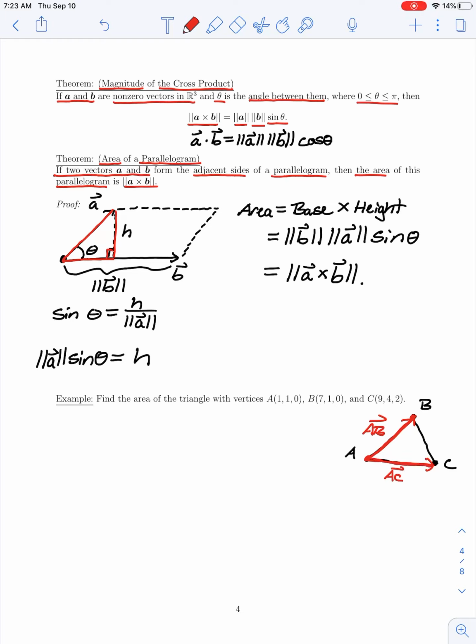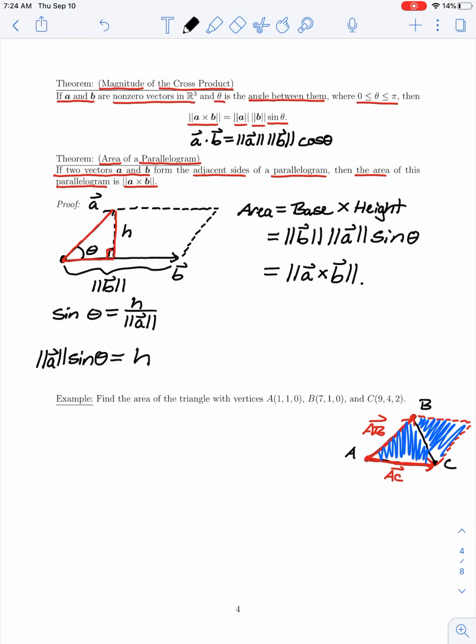And we see that these two vectors would form the adjacent sides of a parallelogram, where the area of this triangle that I'm after would be half of the area of that full parallelogram. So what I can do is take the vectors AB and AC and use the magnitude of their cross product to find the area of this parallelogram, and then I would have that to get the area of this triangle that I'm interested in.